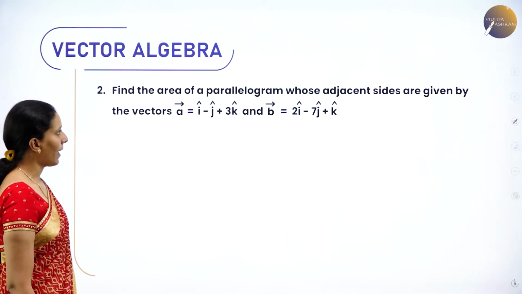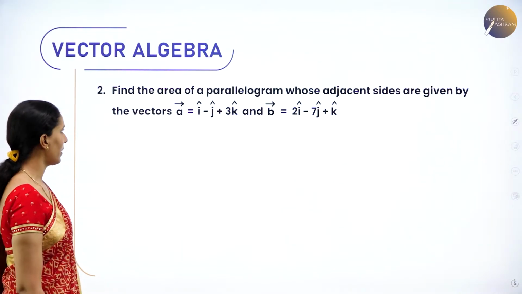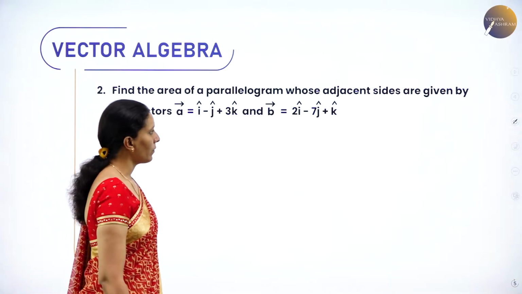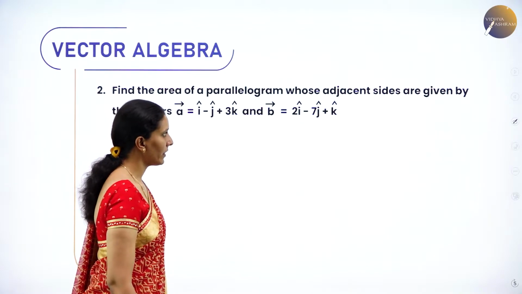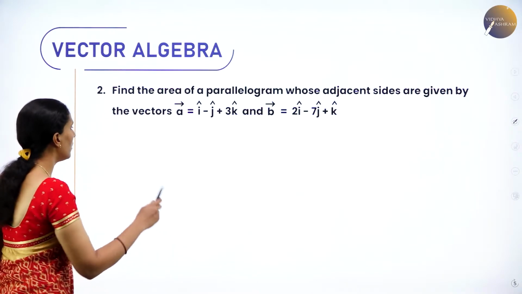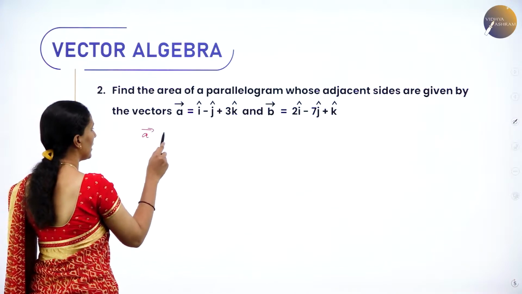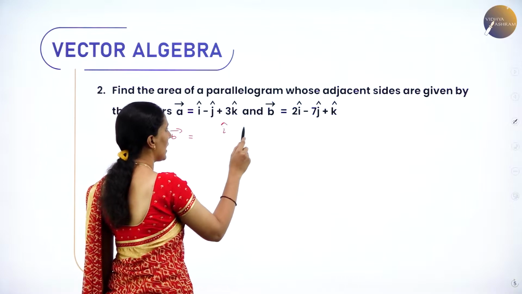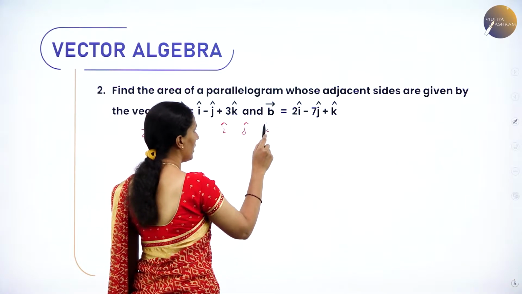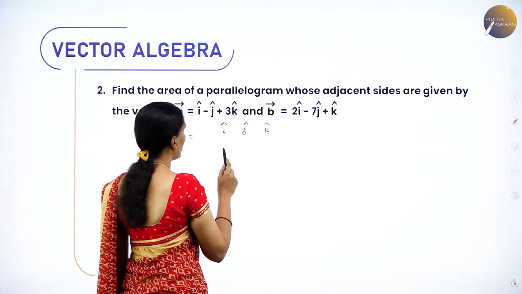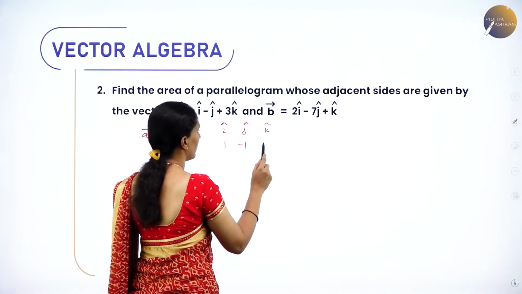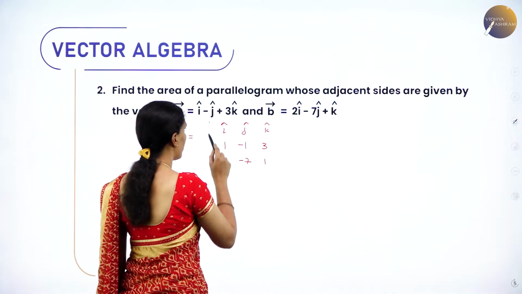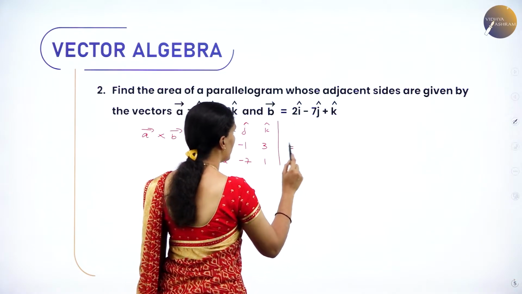Find the area of a parallelogram whose adjacent sides are given by the vectors vector A, i minus j plus 3k, and vector B, 2i minus 7j plus k. Again here we are going to calculate vector A cross vector B. So we will write the components i, j, k, and that is components of vector A 1, minus 1, 3 and B 2, minus 7, 1. Now we will take the value of determinant form.